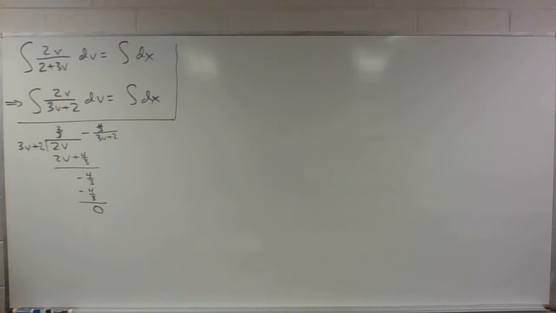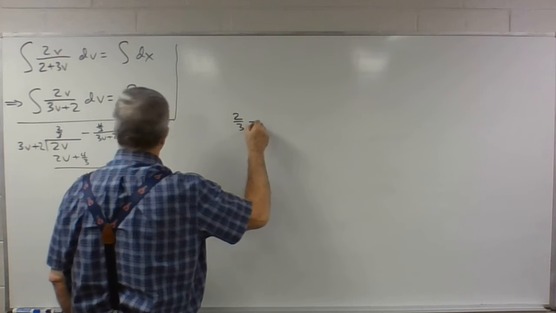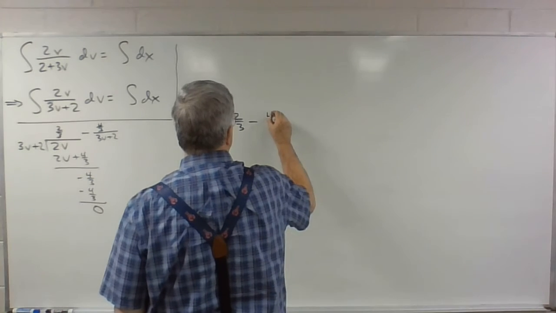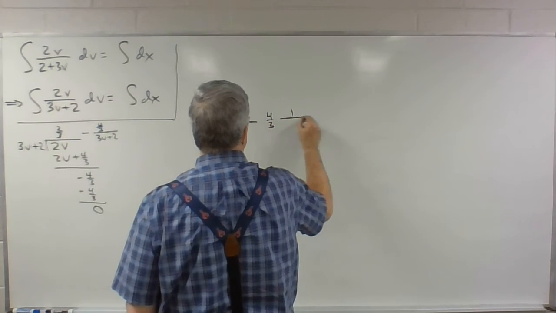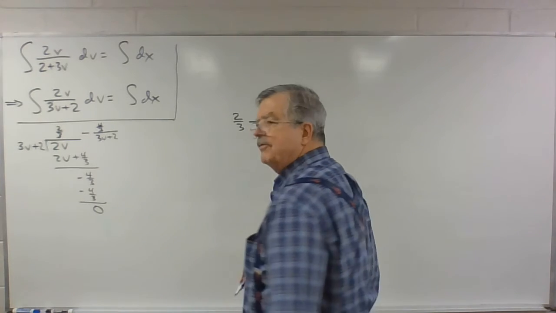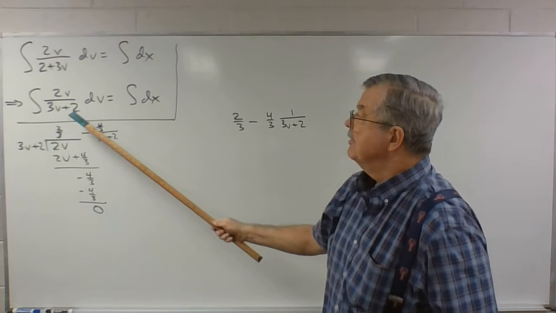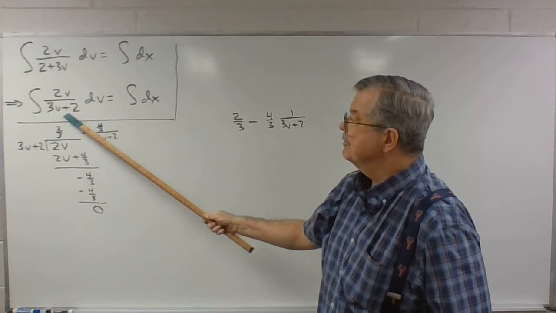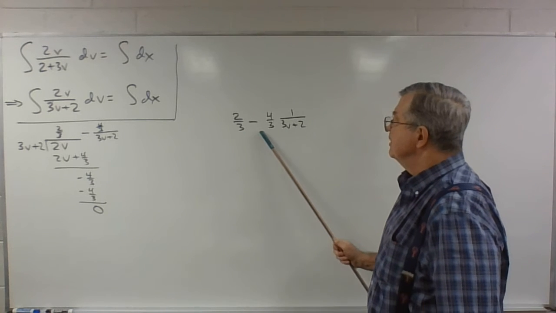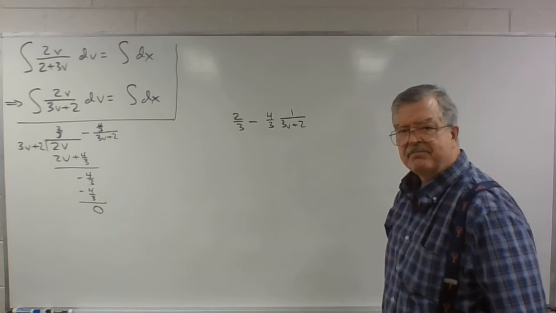Okay, everything's balanced. And I'll write down my result. For future reference, this expression 2v over 3v plus 2 turns out to be this when we do polynomial long division.